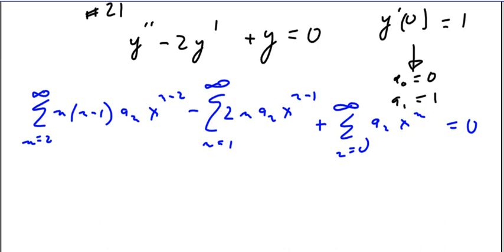Okay, so we'll do a substitution, n is equal to n plus 2, and we'll do a substitution in this summation, n is equal to n plus 1, and then everything will be the same index.